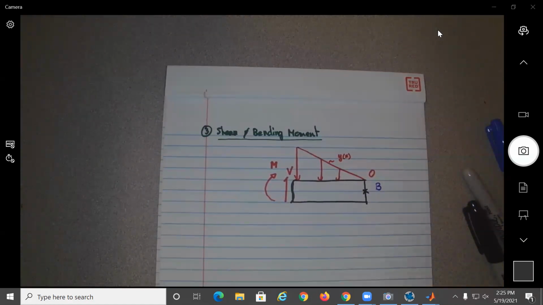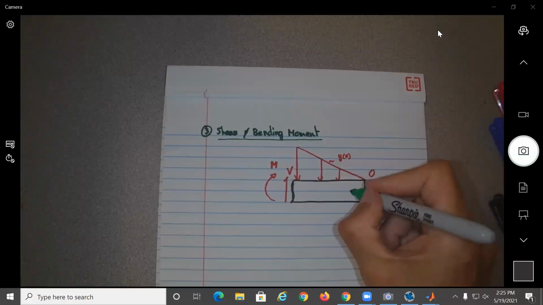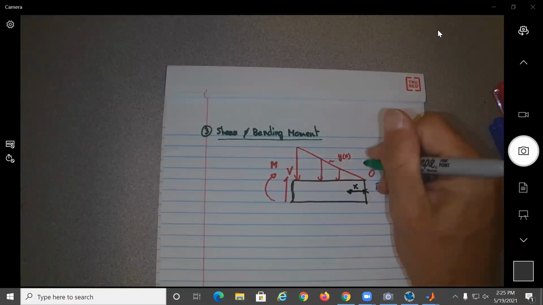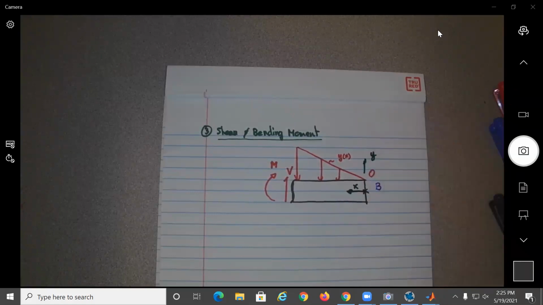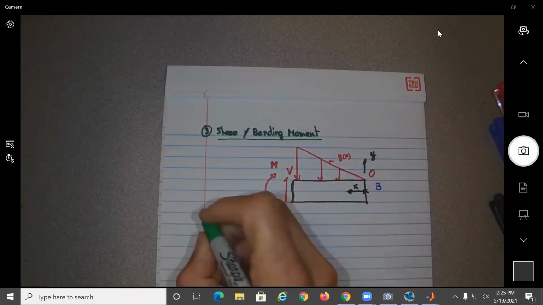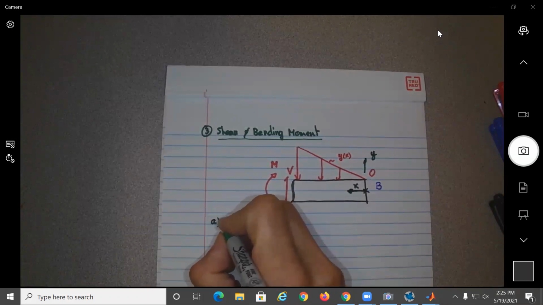Okay, so in this case, let's see if I can do that in green. Our coordinate system is going to start from this end. This will be X. And this will be Y. Okay, so part little a was to find the shear.